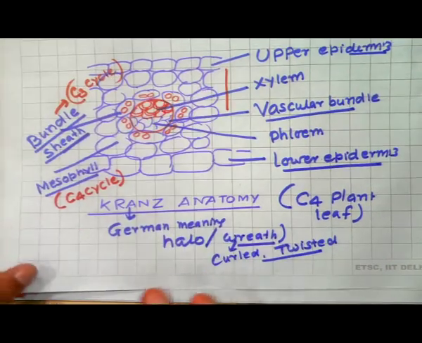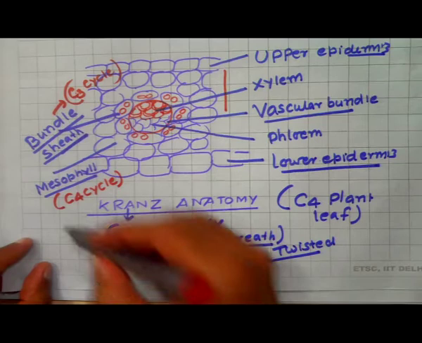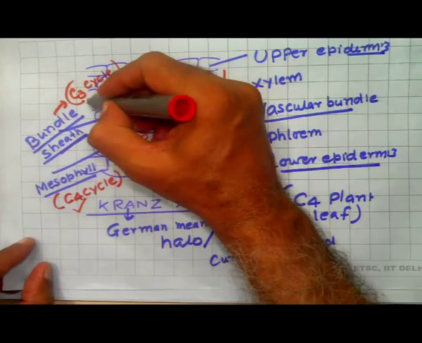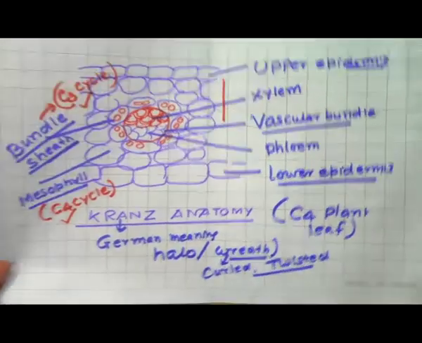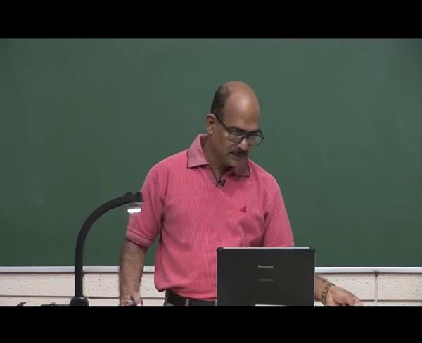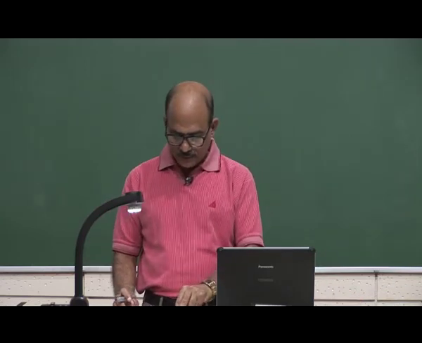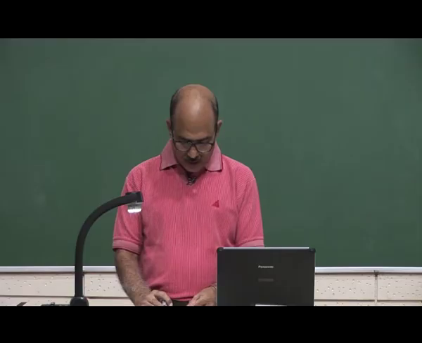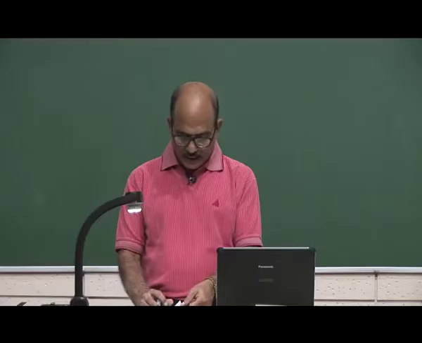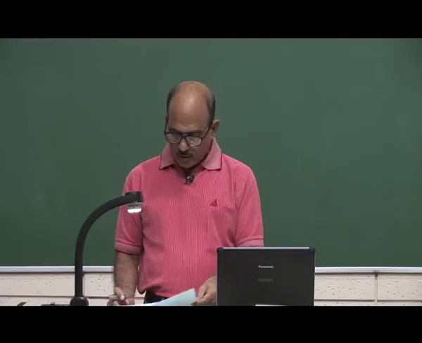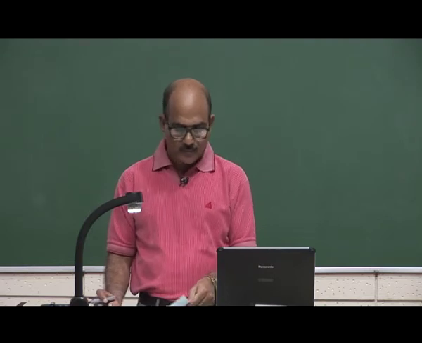So, in Kranz anatomy leaf both C4 cycle and C3 cycle is performed, but the first stable product is oxaloacetic acid. So, this is called C4 cycle or Hatch and Slack cycle.